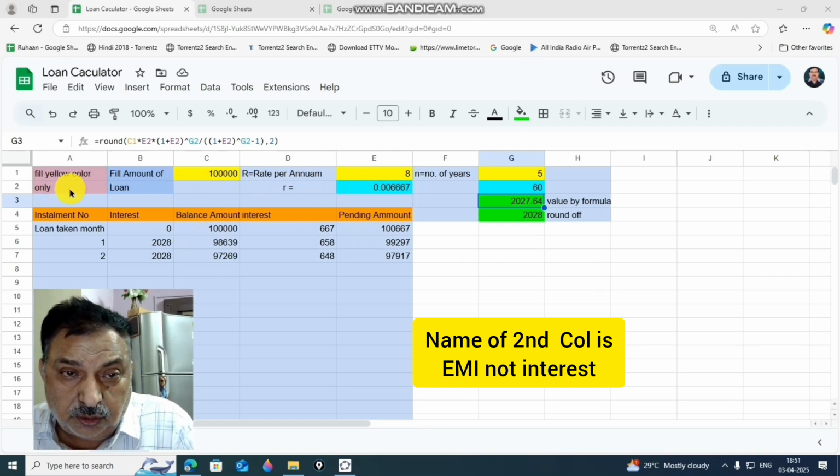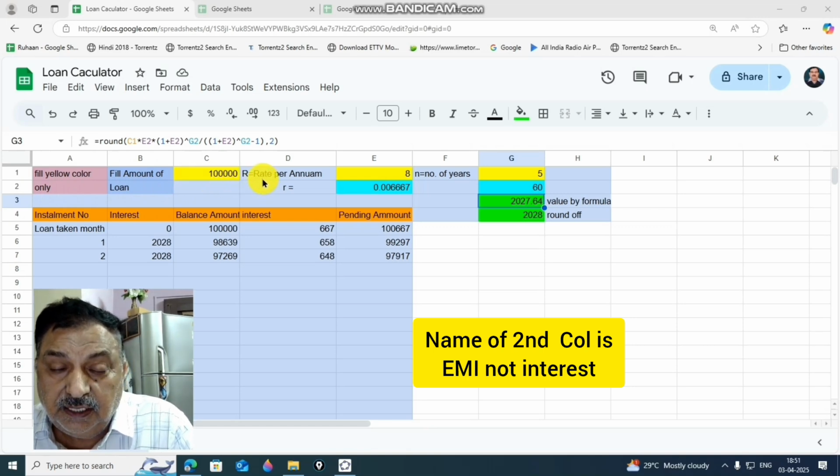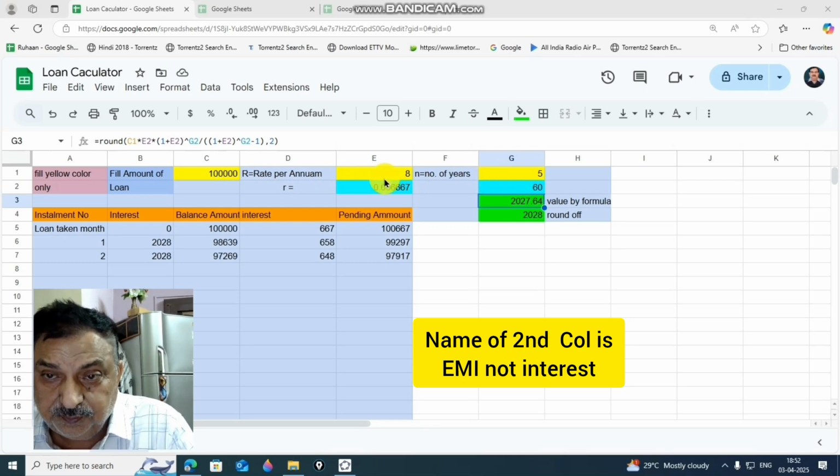Fill the yellow colored values. Amount is 1 lakh, rate of interest per annum is 8, number of years is 5. Dividing 8 by 1200, small r is this per month. Multiplying 5 by 12, number of installments is 60.